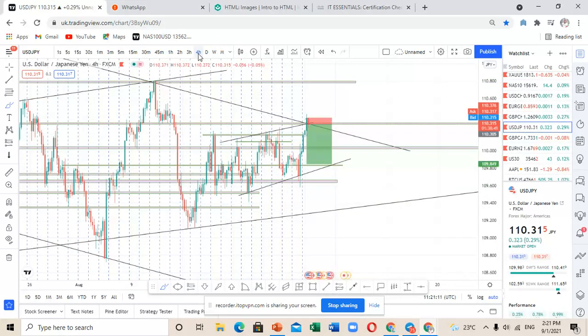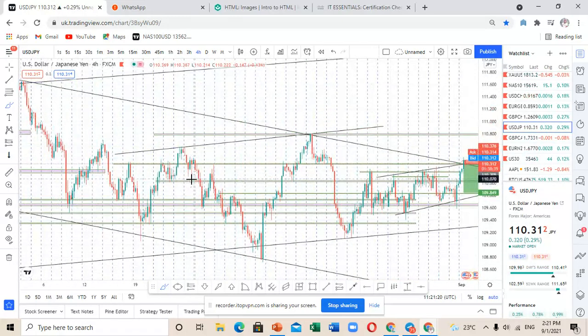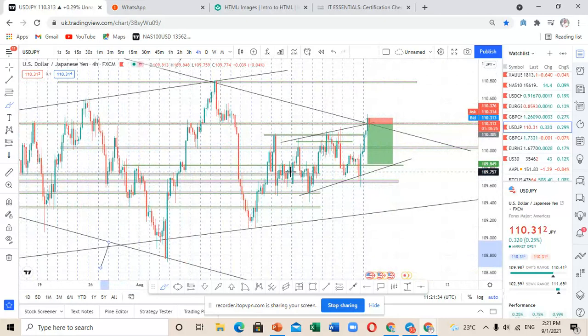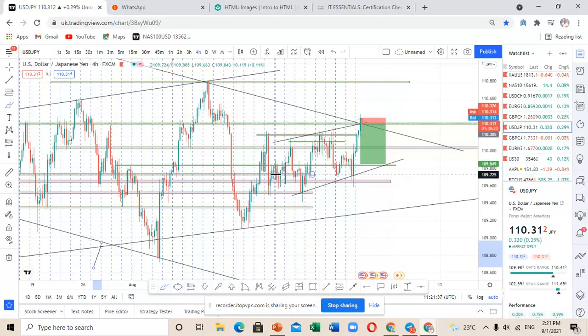As you can see from the 4 hour time frame, we are generally moving on a downward trend, but inside this downward trend the markets are moving in between this trend line here and this trend line that is below here. And now inside this downward trend, we have got kind of an upward movement, that is a move to the upside at this particular point.